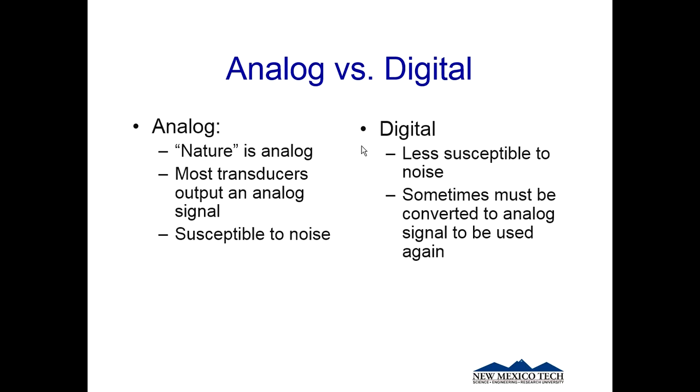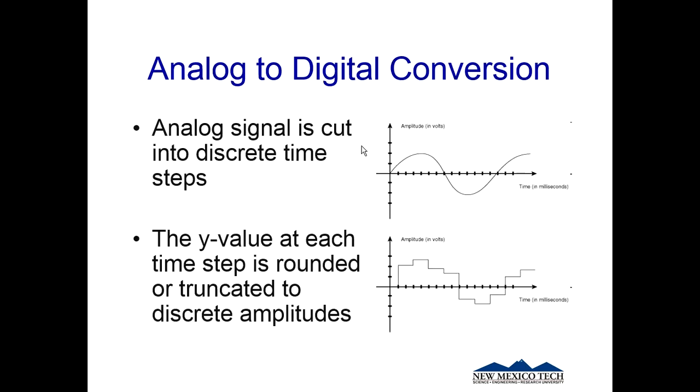And so what we're doing when we take a computerized measurement of something, or send a signal from a computer to something else, is we're taking in an analog signal from nature, be it temperature, pressure, whatever. We're converting it into a digital signal. So we're basically taking an infinite number of states, any possible temperature value, for example, and we're converting it into a digital signal that has a limited number of states. And there's going to be some loss and there's going to be some problems with that. And that's what we've got to deal with.